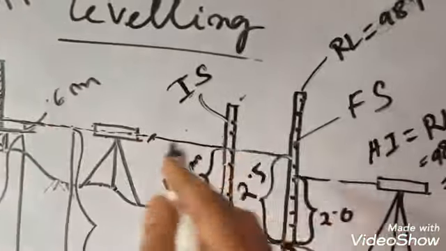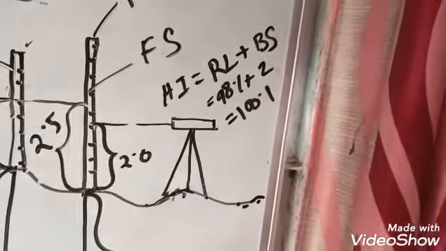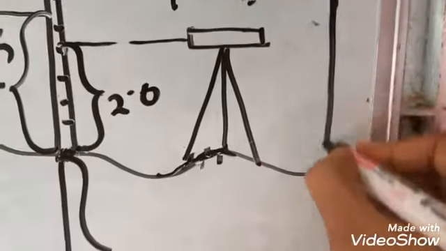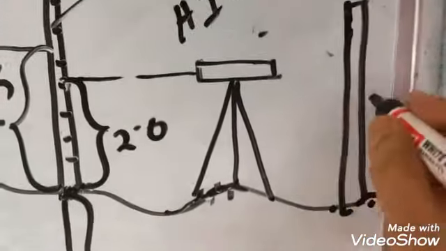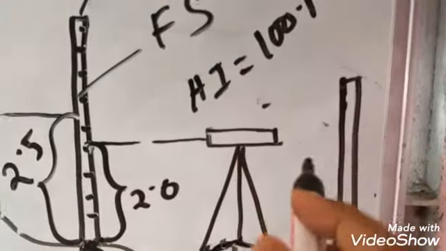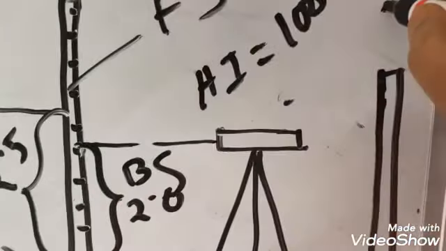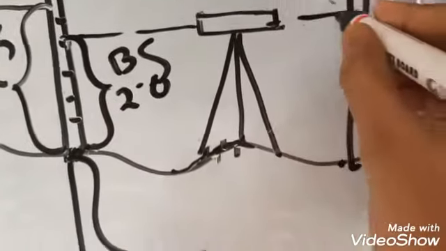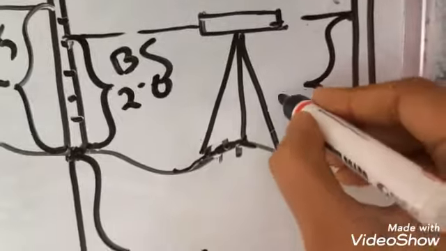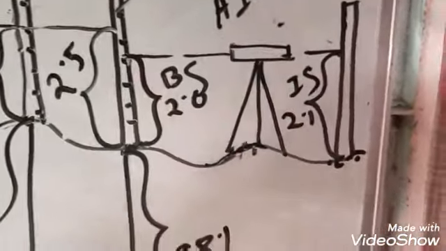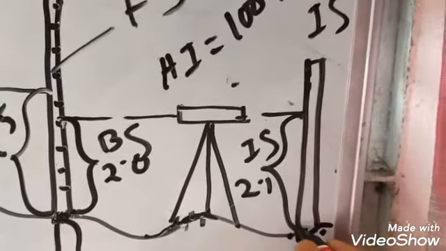So again, this whole procedure will be continued in this direction. Found out the height of instrument. So suppose we are placing the staff here. This reading is going to be the reading after BS. This was BS. Reading after BS is going to be intermediate side. It may be suppose 2.1. This is intermediate side. So what is the RL of this point?